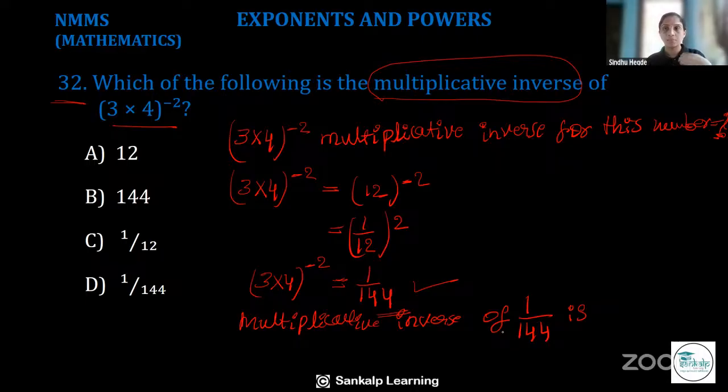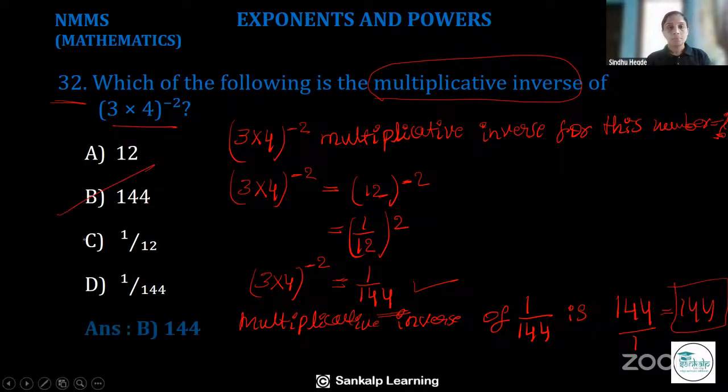Multiplicative inverse is nothing but reciprocal. Denominator goes to numerator and numerator comes to denominator. So it becomes 144 by 1, or simply it is 144. So our answer is option B. Remaining all are wrong.